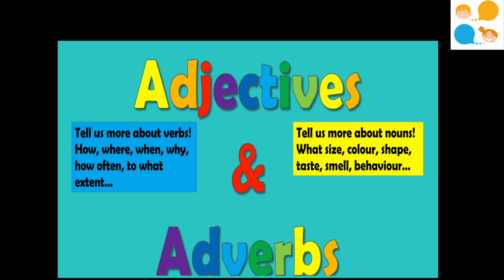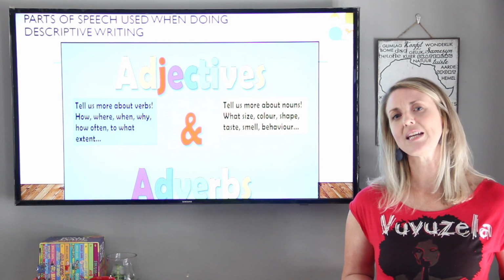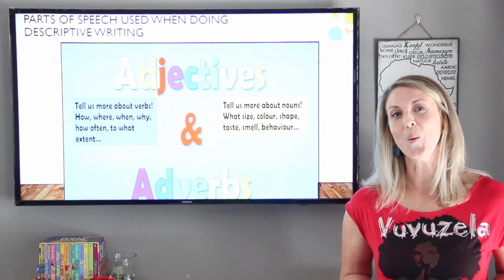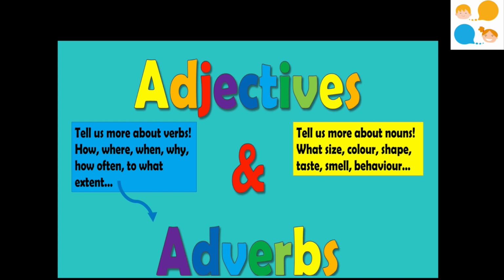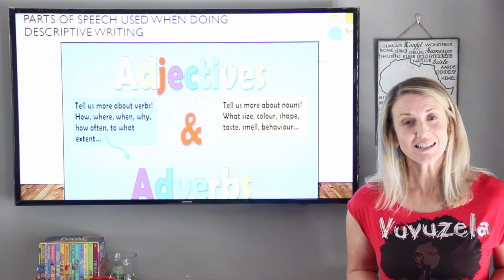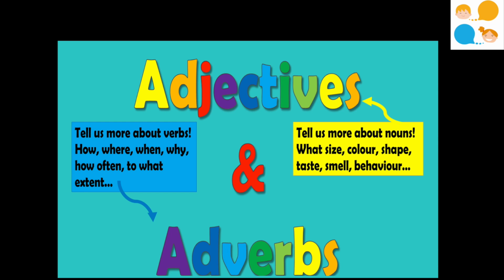So which is which? Tell us more about verbs. Would that be adjectives or adverbs? I hope that you said adverbs because adverbs add to the verb, which means the part of speech that tells us more about nouns would be adjectives.